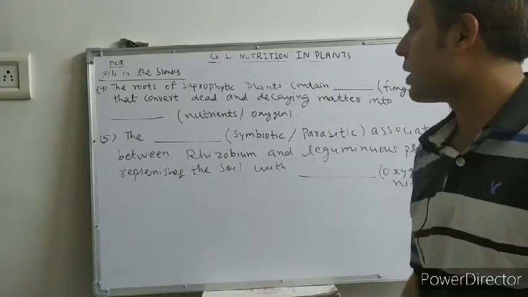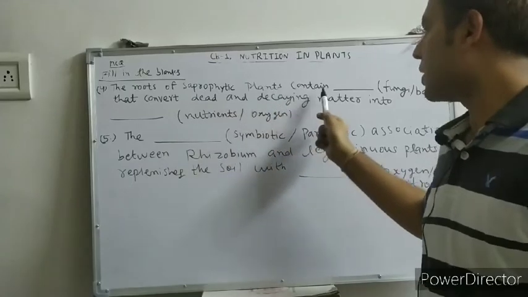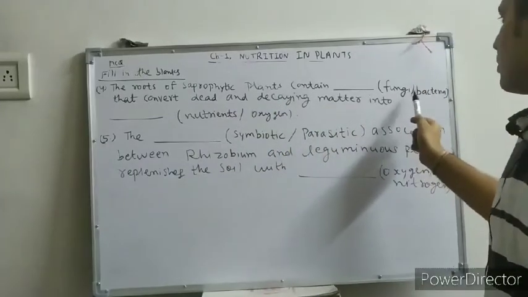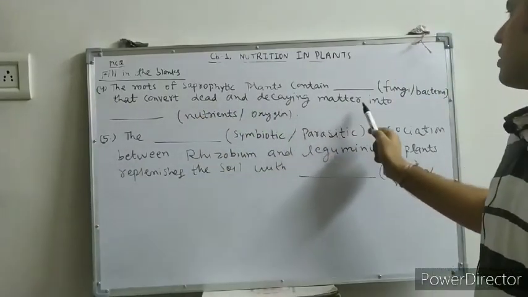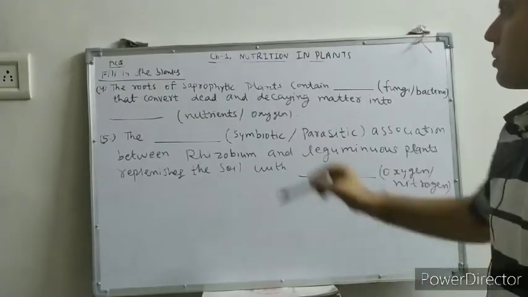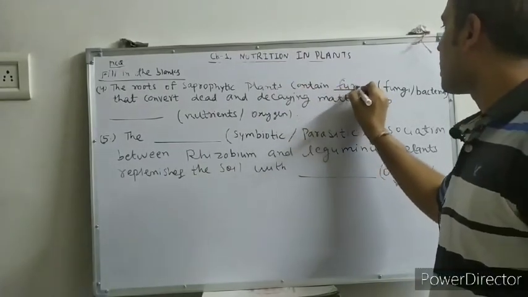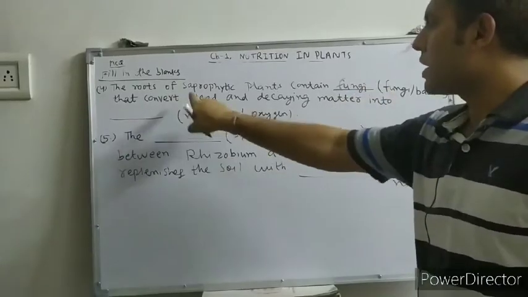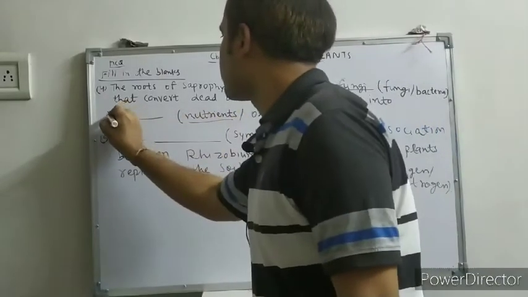Next, fill in the blank. The roots of saprophytic plants contain fungi or bacteria that convert dead and decaying matter into nutrients or oxygen. So which is correct? The roots of saprophytic plants contain fungi that convert dead and decaying matter into nutrients.